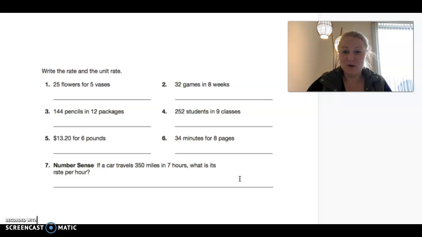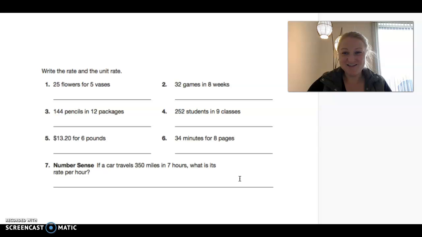I could write that as 28 over 1, or to show the unit rate here, I might even spell it out using words: 28 students per class. For number 5, it would be $2.20 per pound, or $2.20 over 1. For 6, it would be 4.25 minutes per page. And for 7, their rate per hour would be 50 miles per hour.